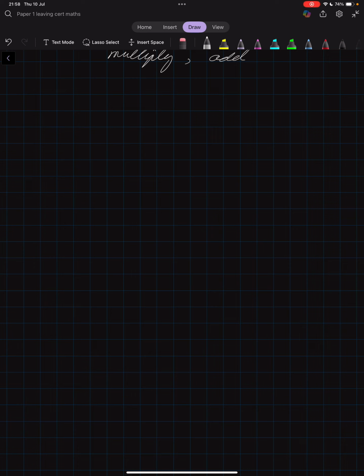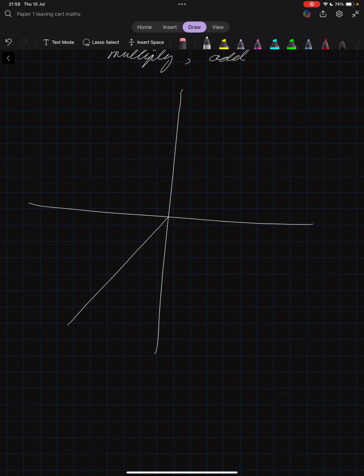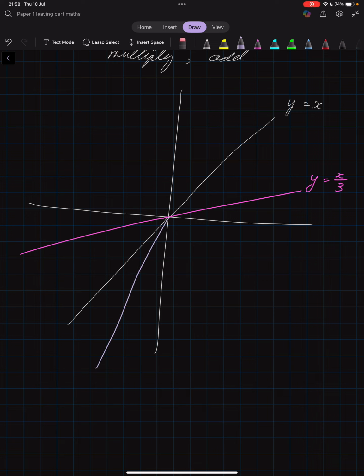So if we start off with lines, if I start off with the y equals x line, if I multiply that by a half, I get a line. If I multiply it by, say, a third, so y equals x over 3, or I multiply it by, say, 2, so y equals 2x, all that happens is that the steepness of the graph changes.